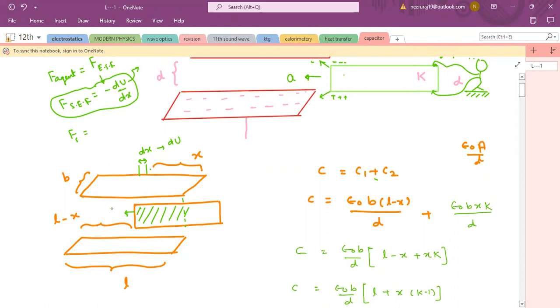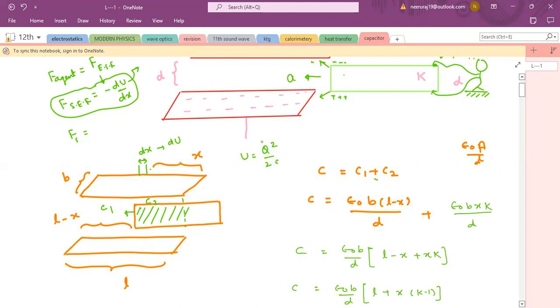One capacitor is this side, let's call it C1, and this side is the second capacitor, let's call it C2. Both capacitors are in parallel combination. So I want to find the potential energy of this system at this time. As you know, potential energy is changing with respect to x. So for the potential energy of this system, I am going to put U = Q²/2C.